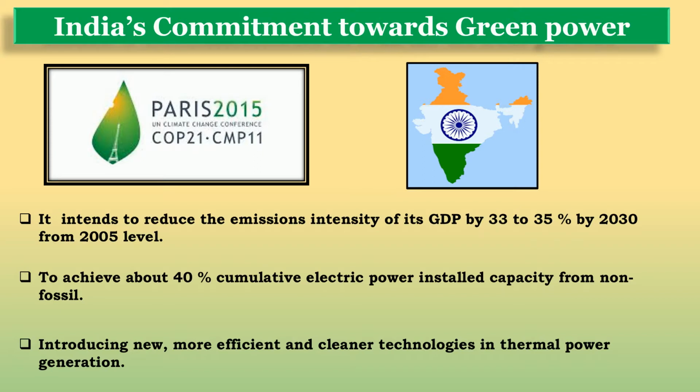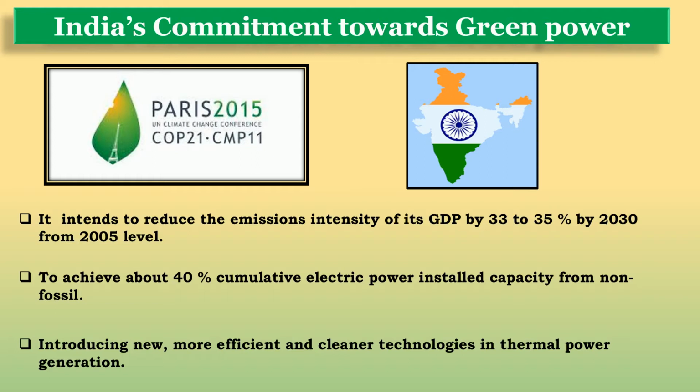To save the environment and reduce emissions from the power sector, India has made some commitments in the Conference of the Parties 21, which was held in Paris in December 2015. The commitments are: India intends to reduce the emissions intensity of its GDP by 33 to 35% by 2030 from the 2005 level.